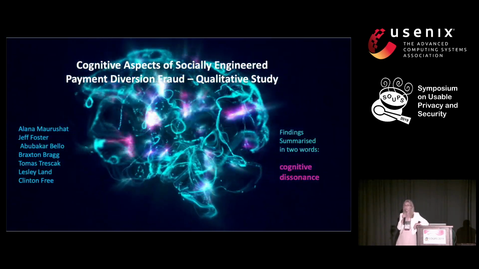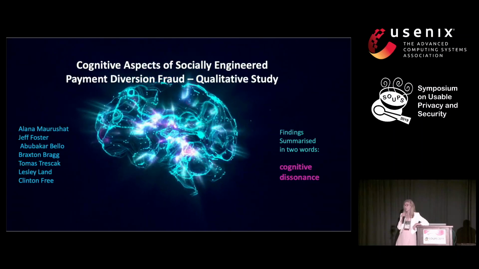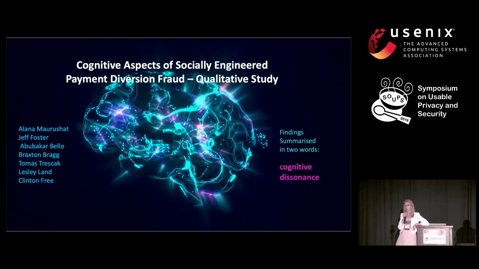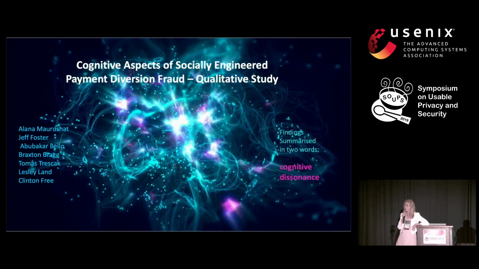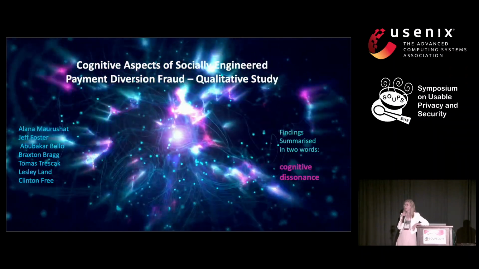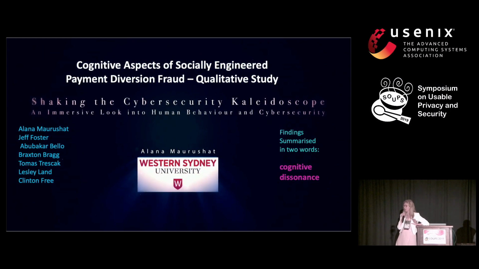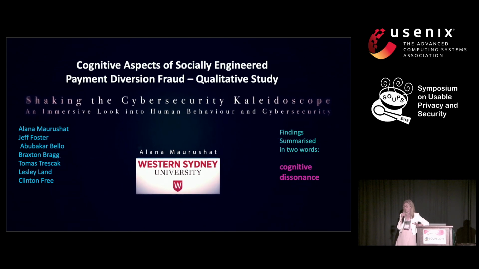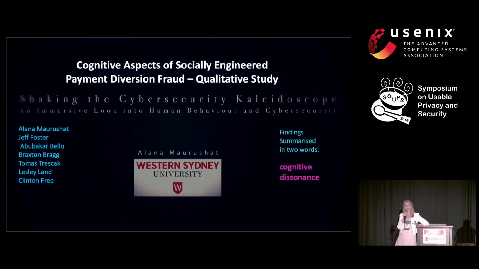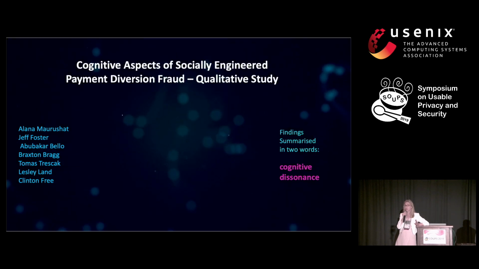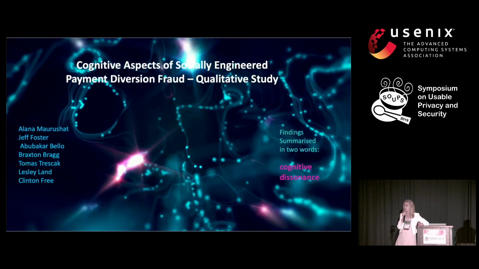The second interesting component is that unlike other frauds, because we do a lot of work in binary options, pyramid, and cryptocurrencies, they have really distinctive money patterns if you follow the money back. Payment diversion in the 10 interviews that we did does not. So typically you'll find with money laundering, it'll go through Singapore or Hong Kong, almost always. In the 10 instances where we did, none of it went through Hong Kong or Singapore.